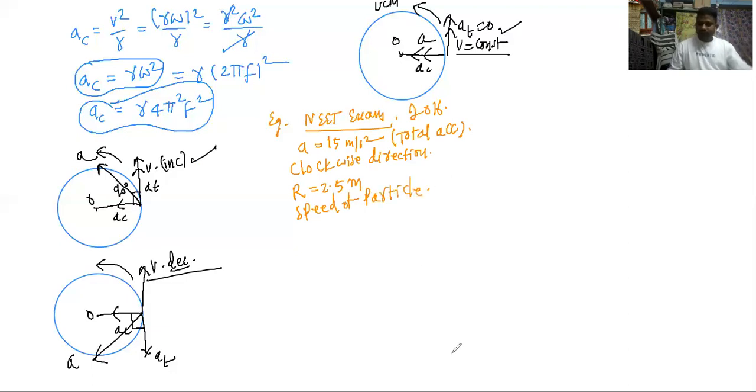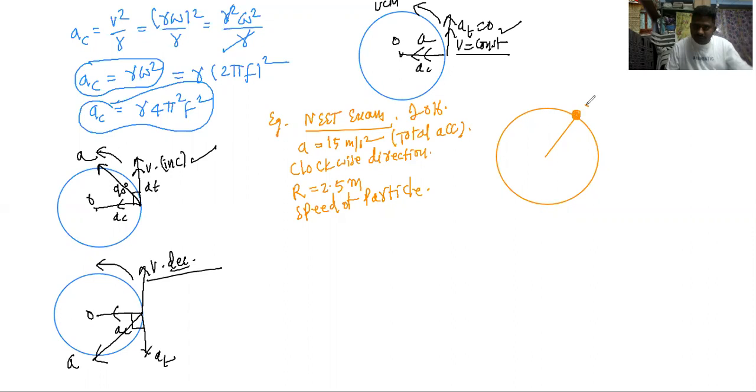Understand? So they have given the diagram. No confusion. The simple diagram they have mentioned. Here, a very important thing. This is the center if you consider. They have mentioned it like this. There is a particle moving in the clockwise direction.